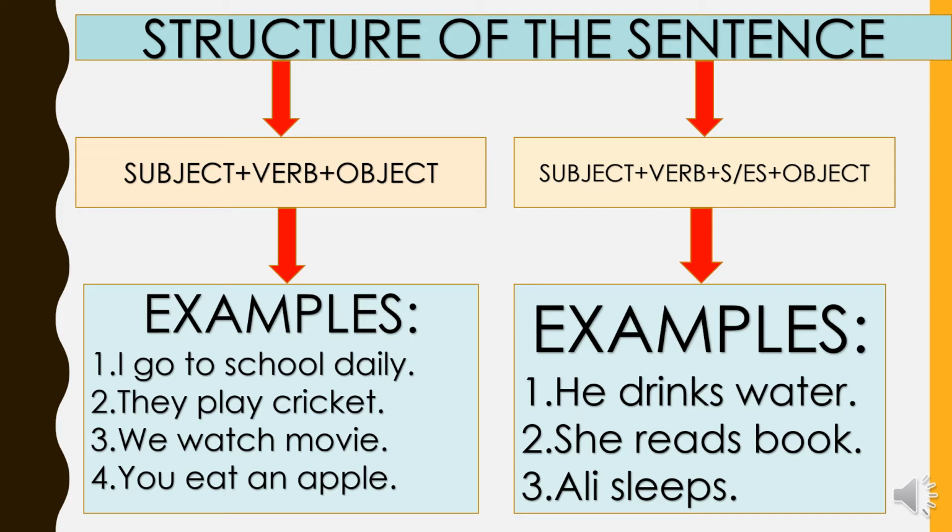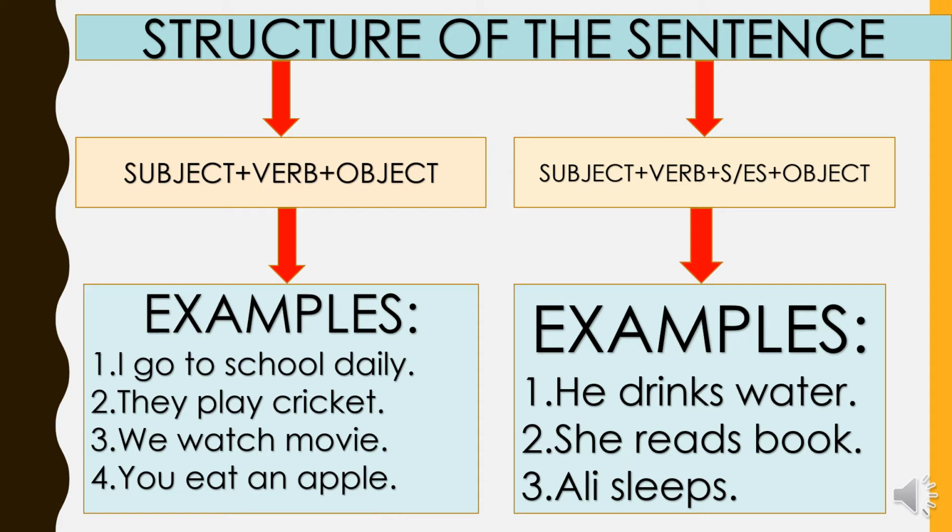So students, did you find any difference between these two sentences? Yes, there is a major difference. The difference of adding s and es after the verb. In third person singular sentences, we add s and es after the verb, and with first and second person plurals, we are not going to use s or es.